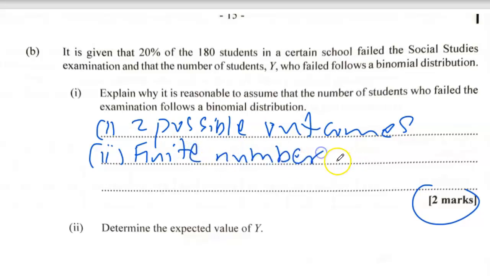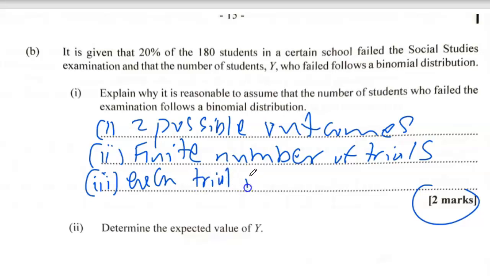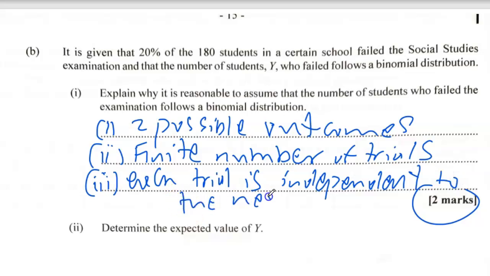So a finite number of trials, or finite number of students in this case, and each trial is independent of the next. All right, so the trials are independent.